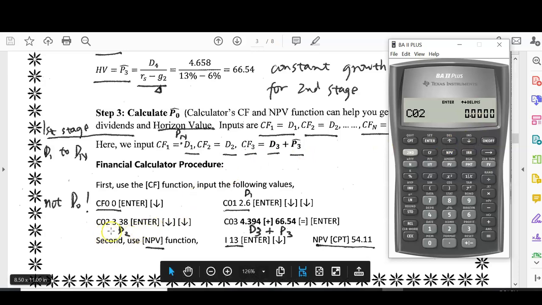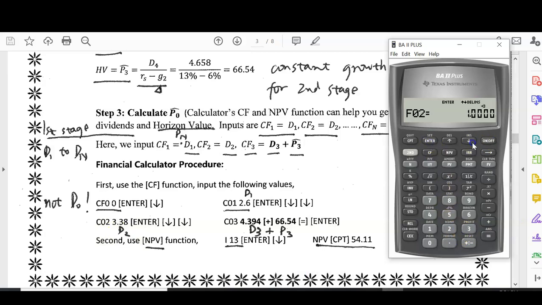We go to cash flow 2. It should be 3.38. Enter, down button, down button. Cash flow 3, it should be 4.394 plus 66.54. I first use this equal sign, so this equation is calculated arithmetically, and then I press enter.